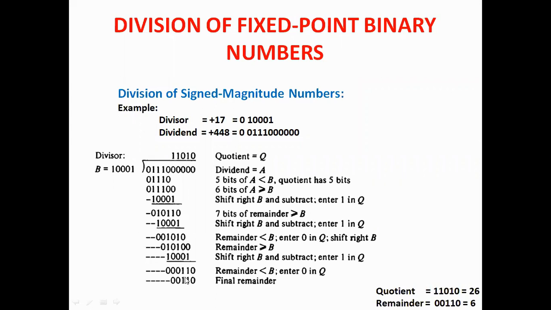To cross check, when we divide 448 by 17, the quotient comes out to be 26 and the remainder should be 6. We can check that this is 6, and this quotient we can convert to decimal, it comes out to be 26.